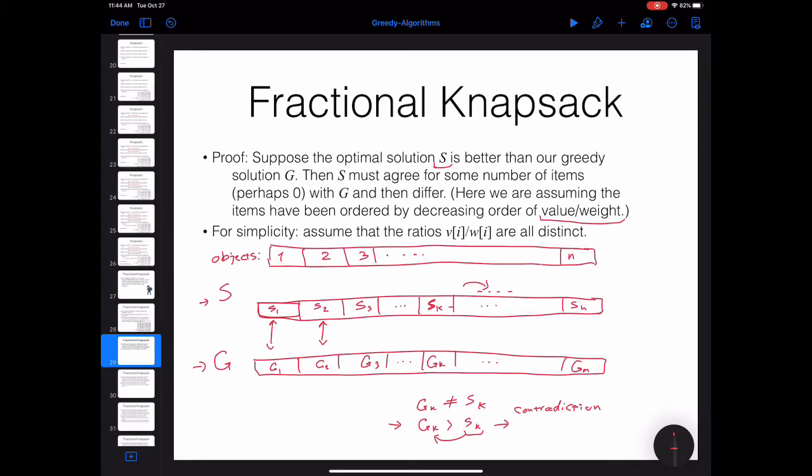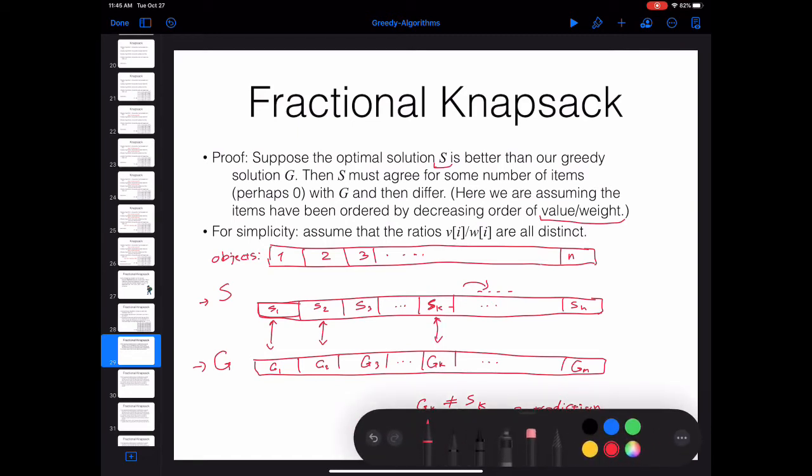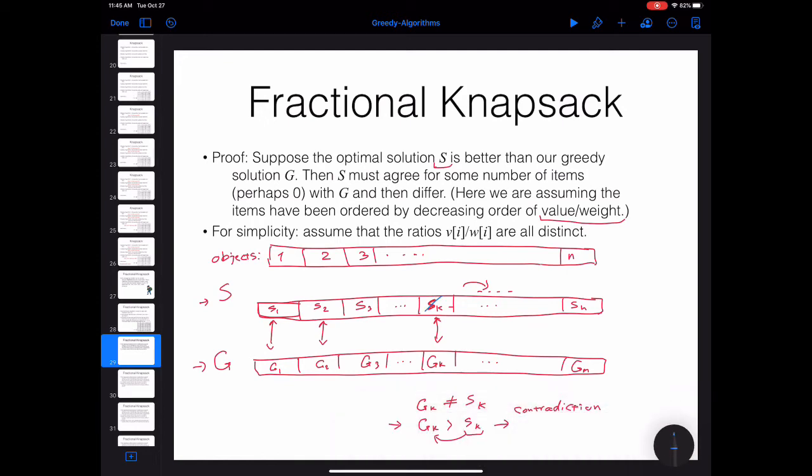You can replace wherever you have a difference between SK and GK. If I actually just use a different color, probably it was better to use a different color for these solutions. I can just start changing the optimal answer, and instead of SK amount, let's just take GK amount, and the answer is going to be better.